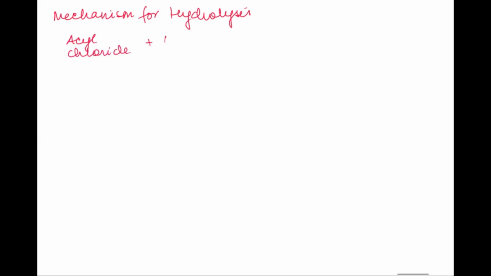So I'm taking the mechanism specifically for hydrolysis, where an acyl chloride combines with the nucleophile, that's water, with the two lone pairs of water, forming carboxylic acid. This is a general equation I'm writing down, along with HCl given out, right? So I'm taking an example of ethanoyl chloride only. Let me draw the structure.